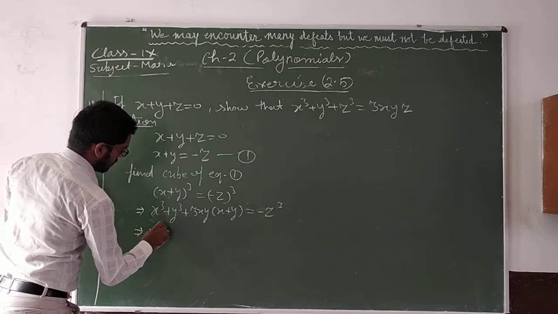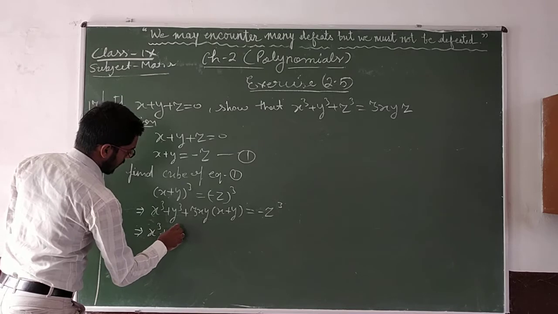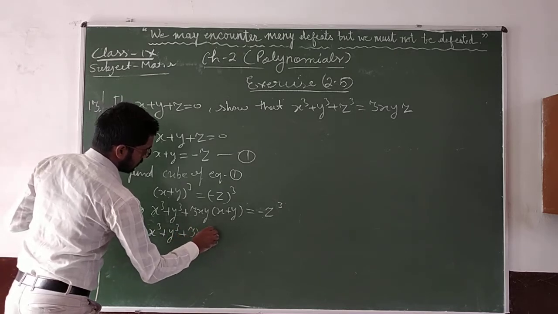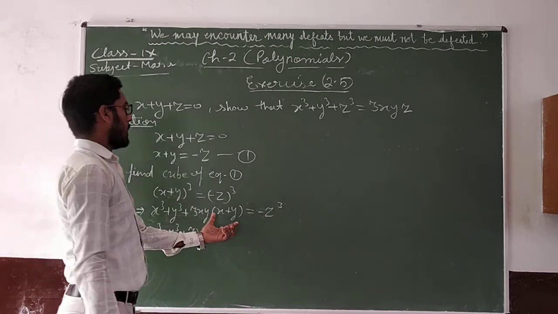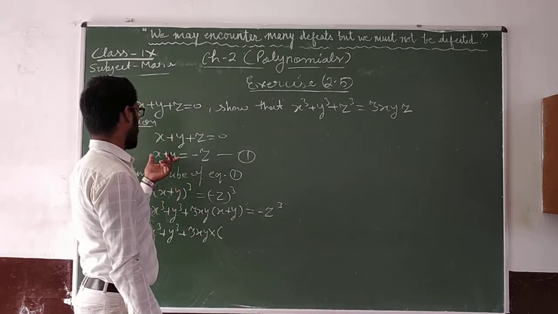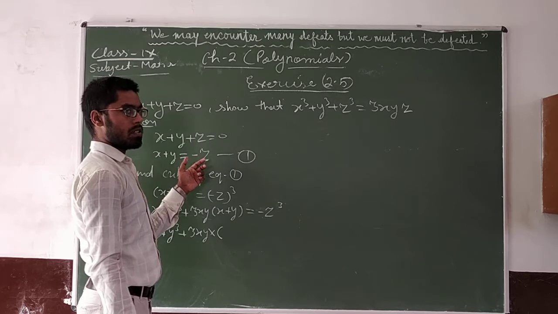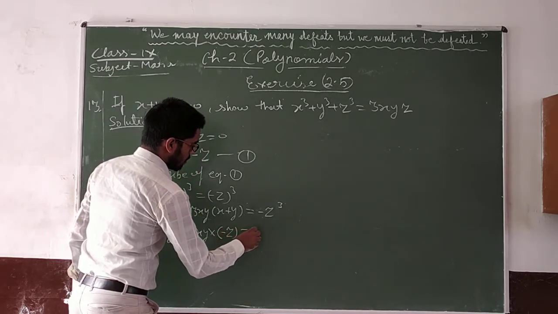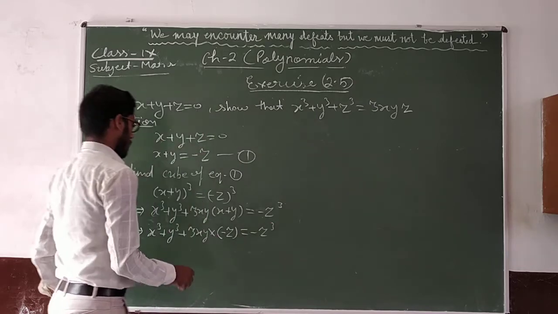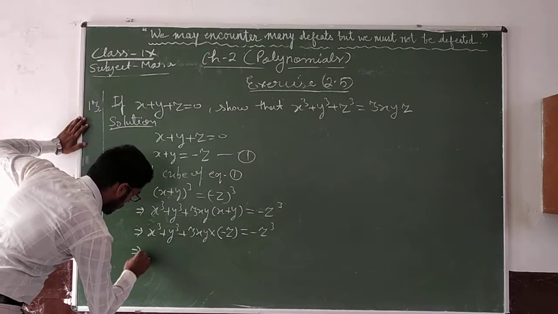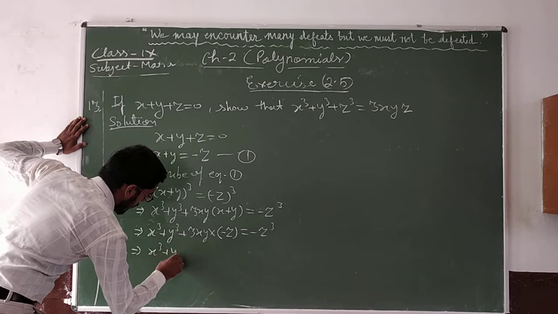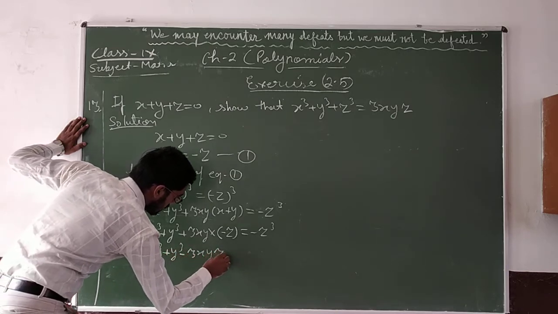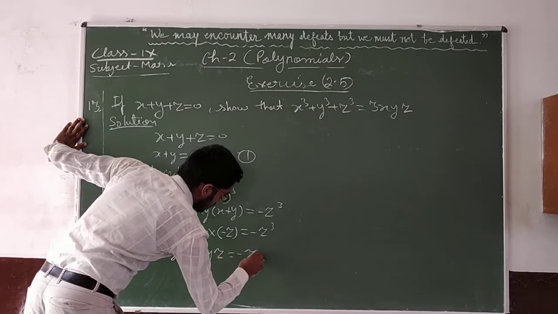x cube plus y cube plus 3xy into, in place of x plus y you can write minus z. So here you can write minus z is equal to minus z to the whole cube. It will be x cube plus y cube minus 3xyz is equal to minus z cube.